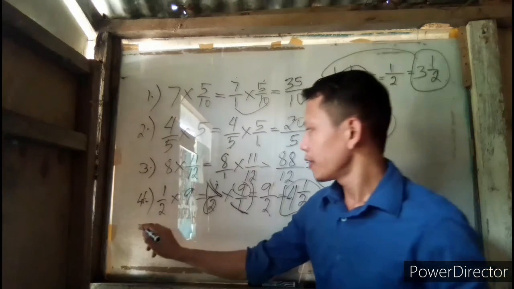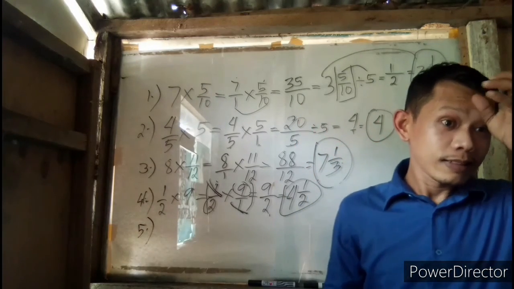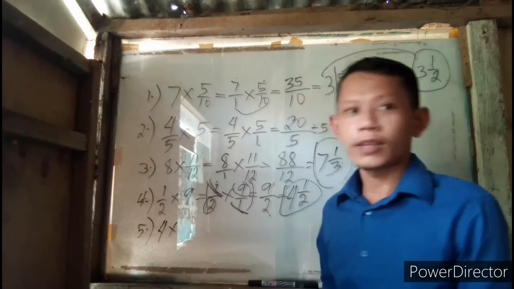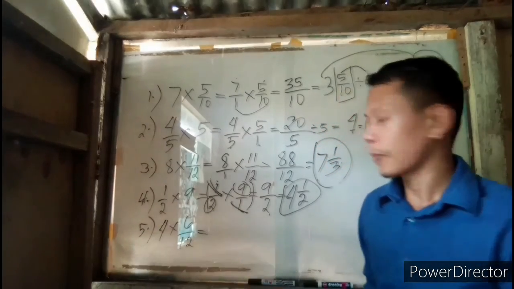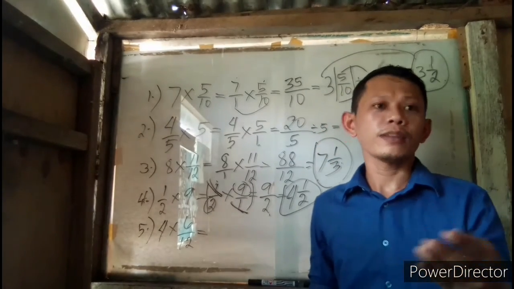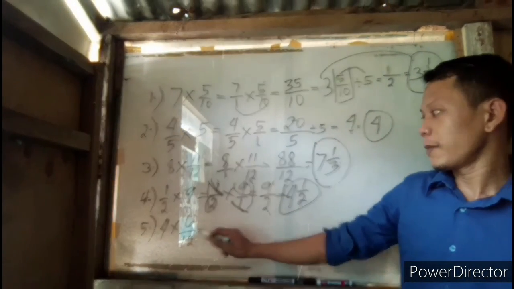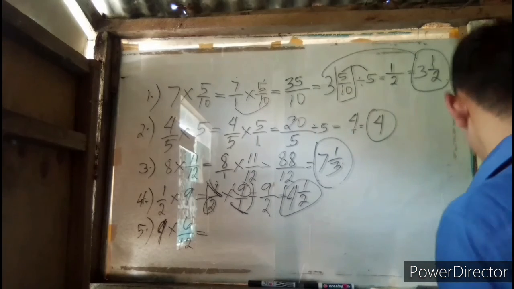Next number, last number 5. We have 4 times 6 over 12. People at the back, can you see the figure on the board? Okay.